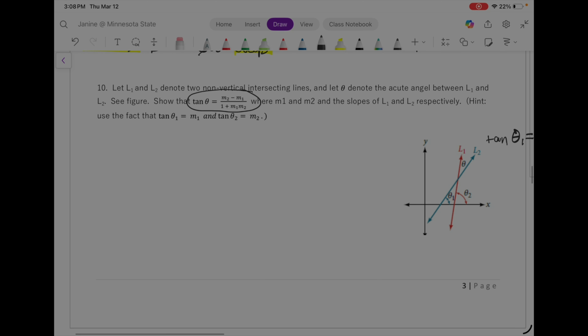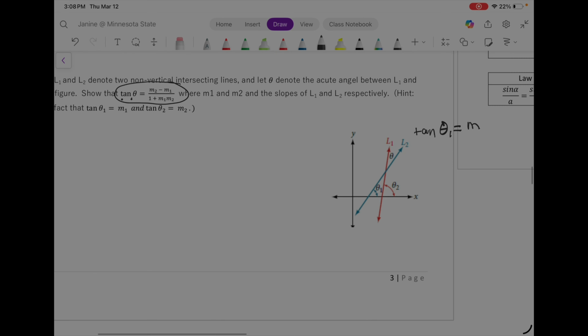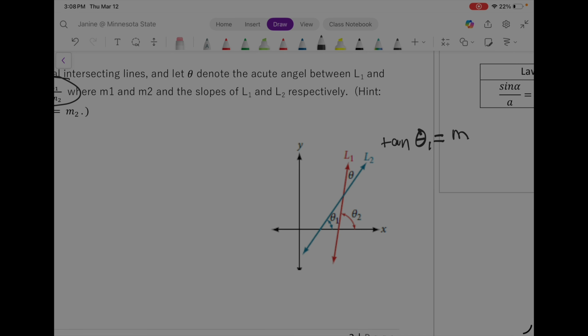They want to know the tangent of angle theta. Well, that's kind of difficult when it's not laid out on the positive x-axis like we're used to seeing, right? So then how do we find it? Well, let's rewrite the angle theta.